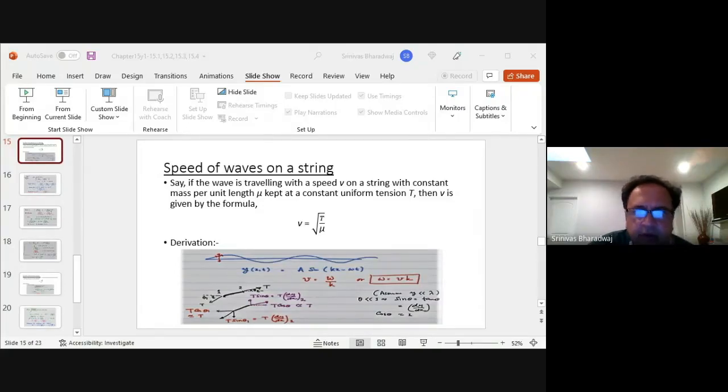V, we already know, is omega by k, but it's also the square root of T over mu. So how do you derive that? See, the vertical force is this. You can derive it using Taylor's theorem. You have the first derivative at point 2 equal to the first derivative at point 1 plus the second derivative times delta x.